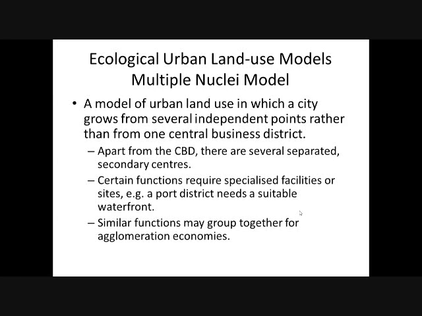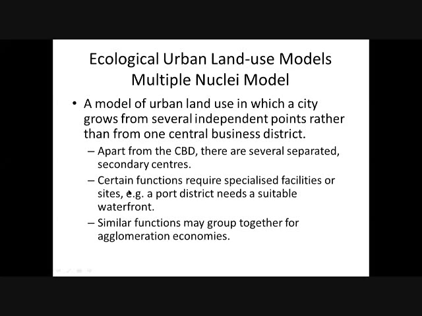So we have several secondary centers. We can specify different functions for each one, and for different facilities or sites depending on the topography and the geography of the city. A port district needs a suitable waterfront, for example.